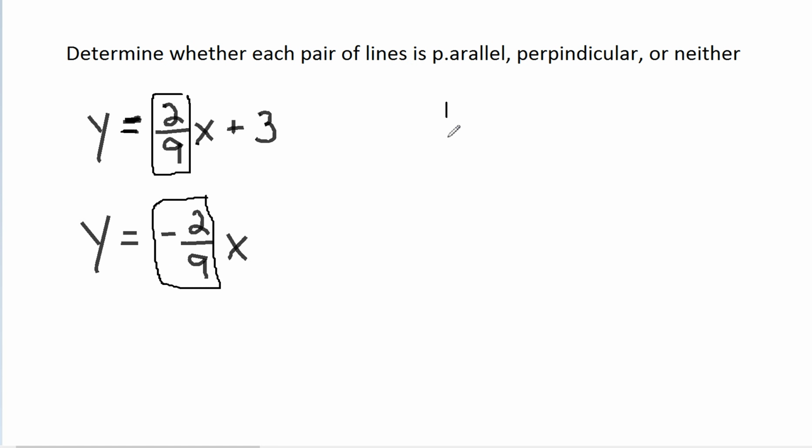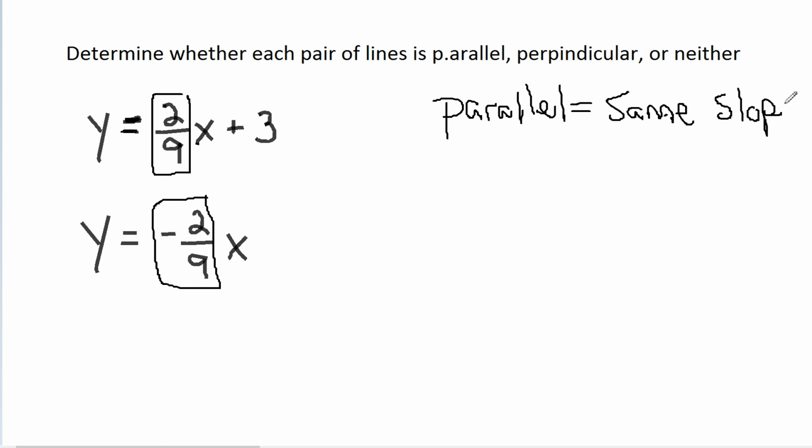If they are parallel, they have to have the same slope. Are these the same? Well, this is 2 over 9, and this is negative 2 over 9. So they're not parallel.